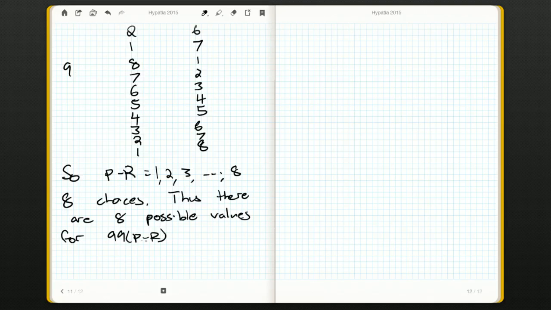Eight different values of P minus R, that means 8 different multiples of 99. And that is exactly the difference that we want. So 8 different values there.